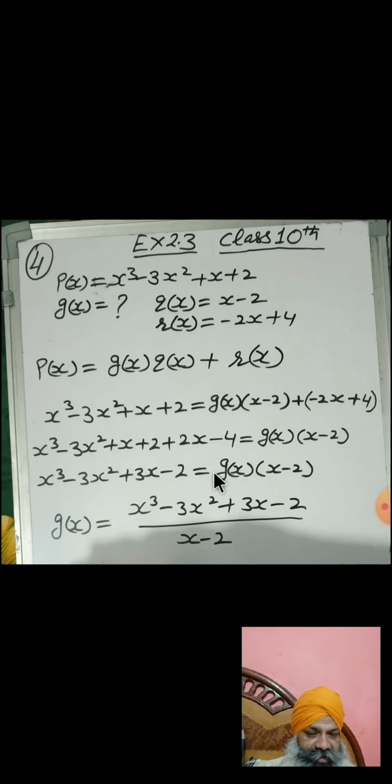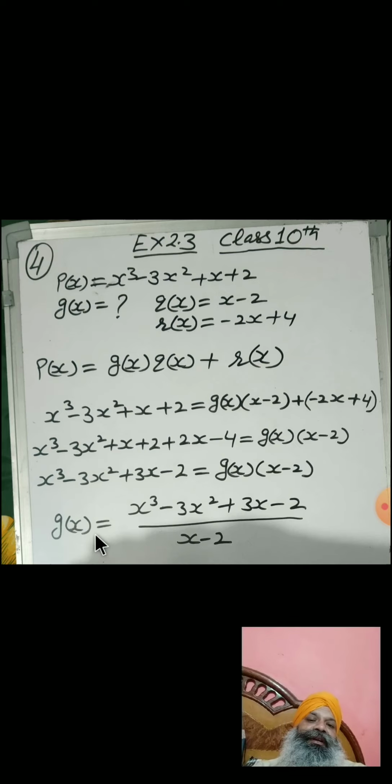The question is to find g(x), so to find it we will divide the left hand side polynomial by x minus 2. We will divide x cube minus 3x square plus 3x minus 2 by x minus 2 to know the value of g(x).